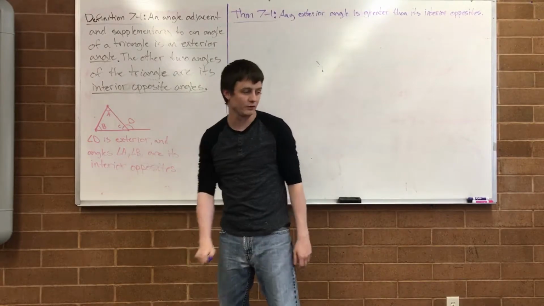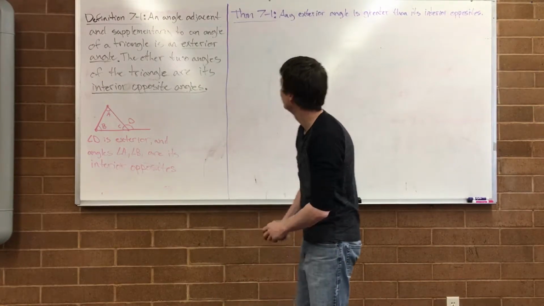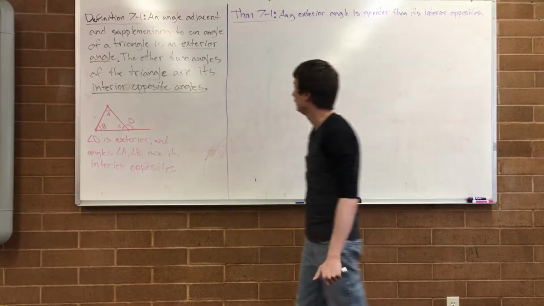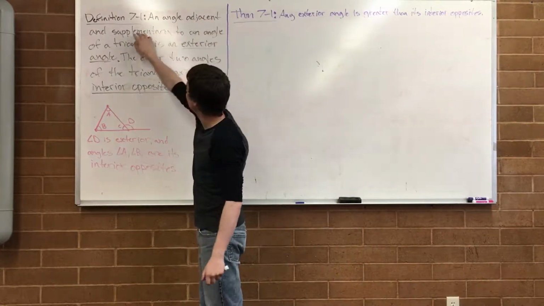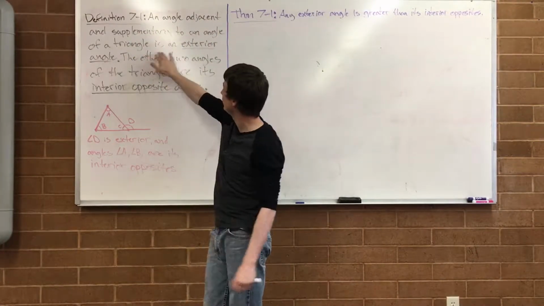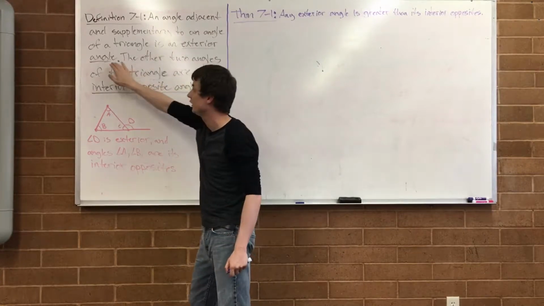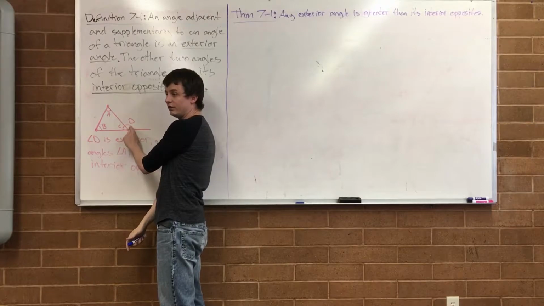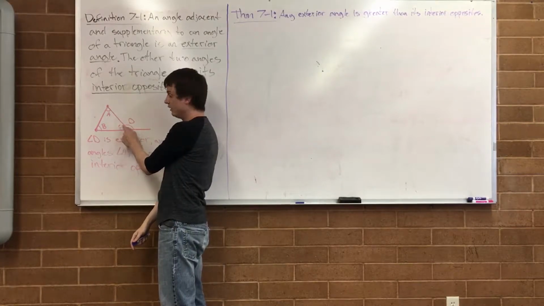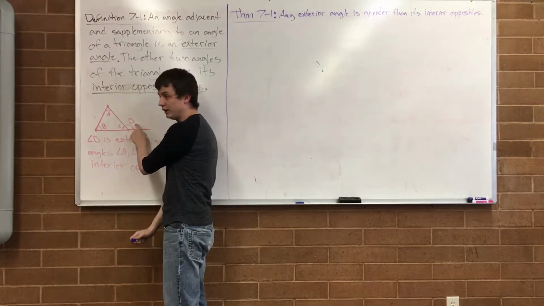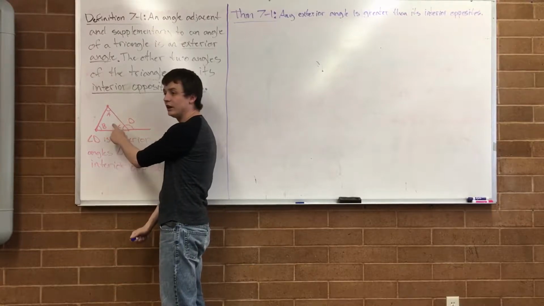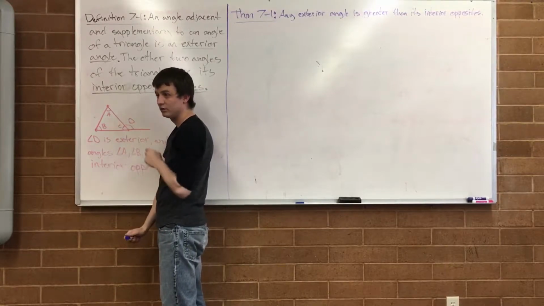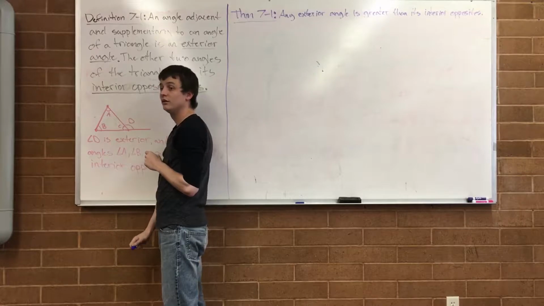So, to begin chapter 7, we start with a definition for interior and exterior angles. An angle adjacent and supplementary to an angle of a triangle is an exterior angle. In other words, angle D is adjacent and supplementary to angle C, so angle D is an exterior angle. How many exterior angles does triangle ABC have? 6.